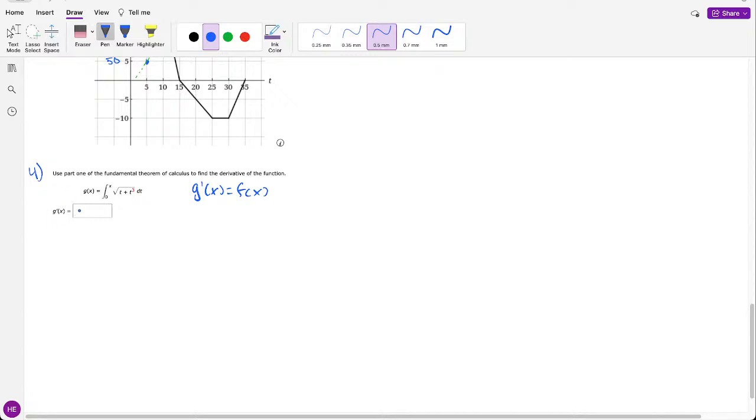So our answer just gets rid of the integral. So it's the square root of t plus t cubed. Yeah. Let's try putting that in.